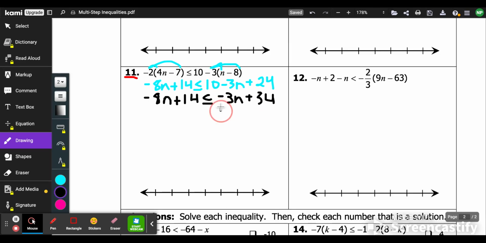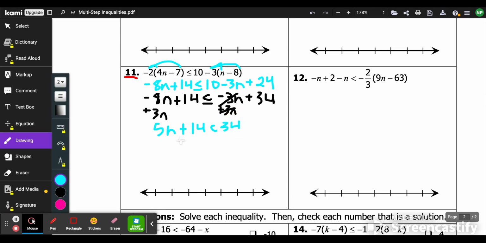So I'm going to add 3n. These on the left cancel. -8n plus 3n is 5n. Plus 14 is greater than or equal to 34.